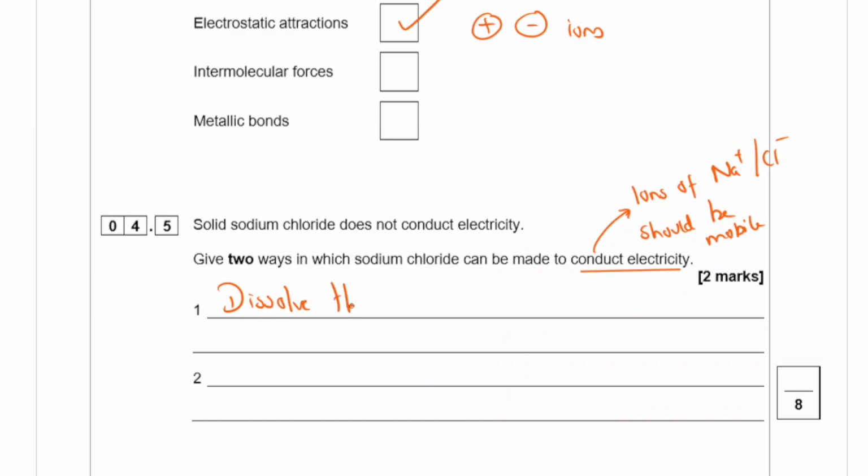Dissolve the, again I'm writing the chemical formula for sodium chloride, NaCl, in water.